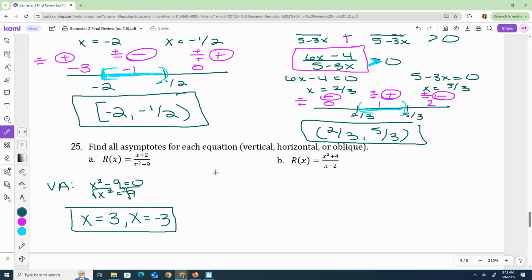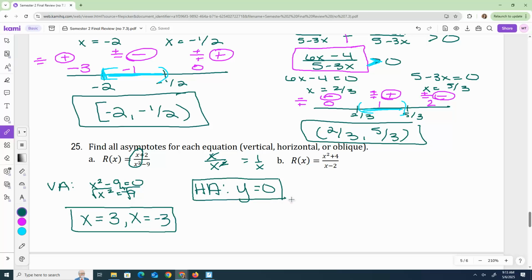3. To decide horizontal or oblique, we divide the leading powers of x. If you do x over x squared, one of those cancel and you just get 1 over x. It's only oblique if x is left on top. Otherwise, this is horizontal. If x is on the bottom, that means it doesn't divide evenly, so it's just y equals 0.